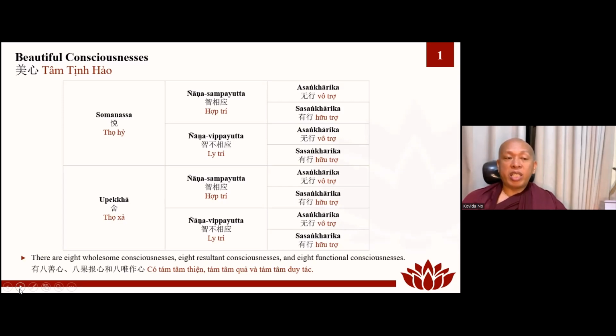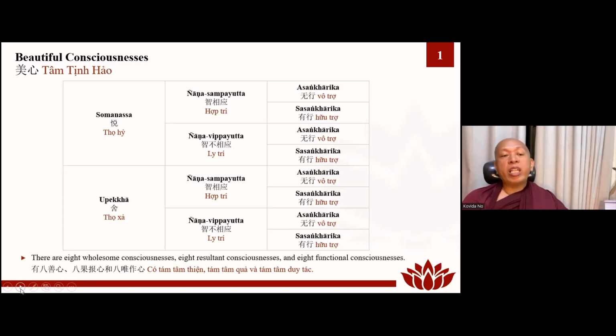Asankharika and sasankharika. Sometimes without understanding good and bad, without understanding benefits, we just do willingly, asankharika, unprompted. Encouraged by somebody or something, we do it. At that time, sasankharika, prompted. So these are 8 wholesome consciousnesses.